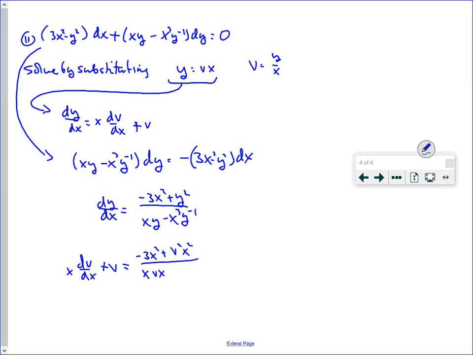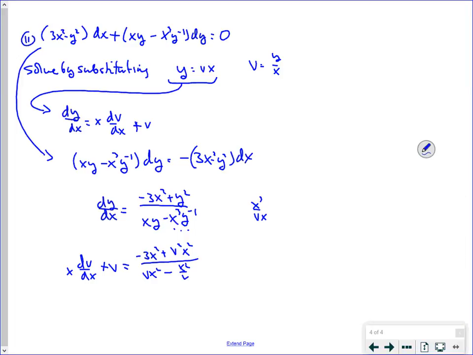And x times y, so I'll just write that as vx squared. Now x cubed, this is x cubed over y. That's what this term is there. So that becomes minus x squared over v.